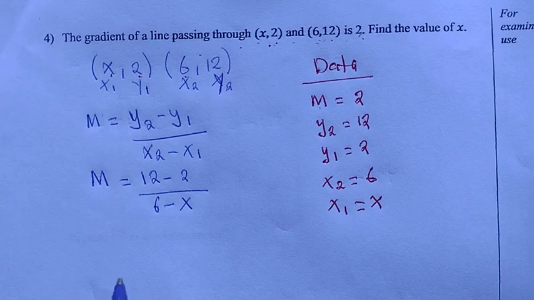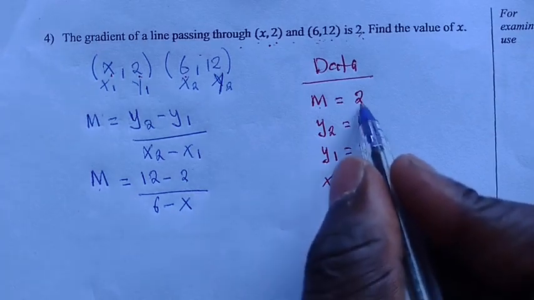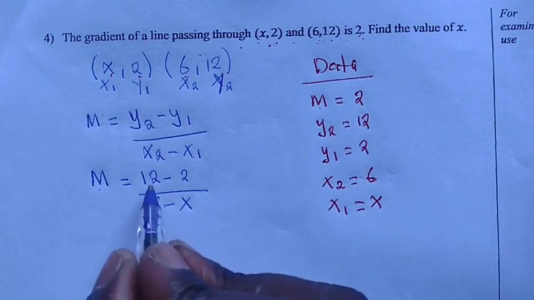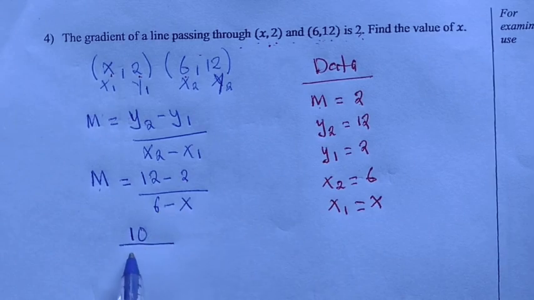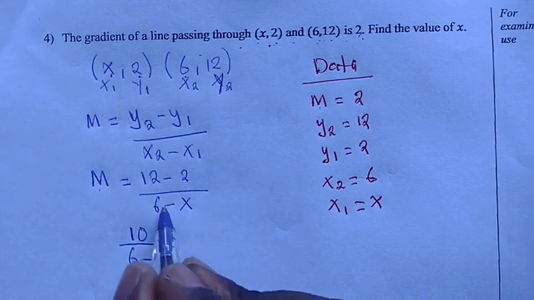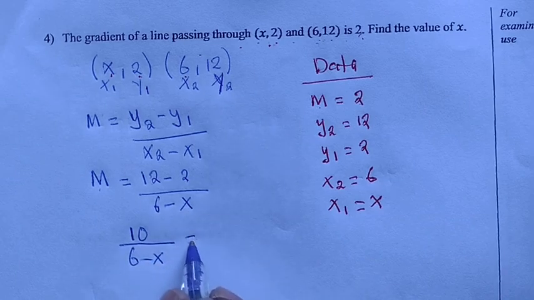Okay, then from here, where there is this m, we are going to put a 2 right here. So first we say 12 minus 2, this will give us a 10 over 6 minus x. We can't simplify this because 6 and x are unlike terms, equal to, so I've just equated now.